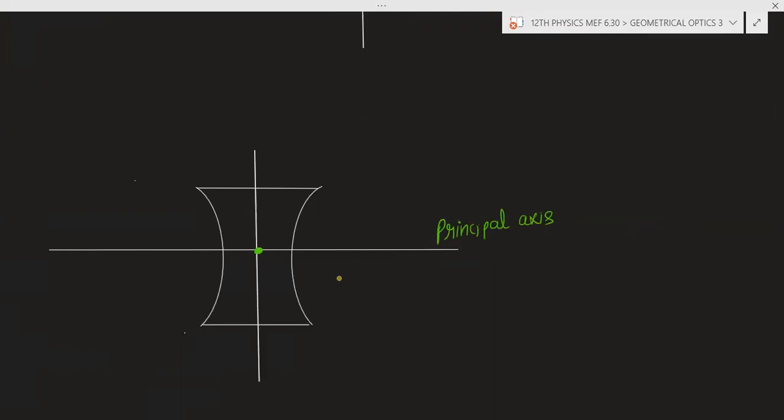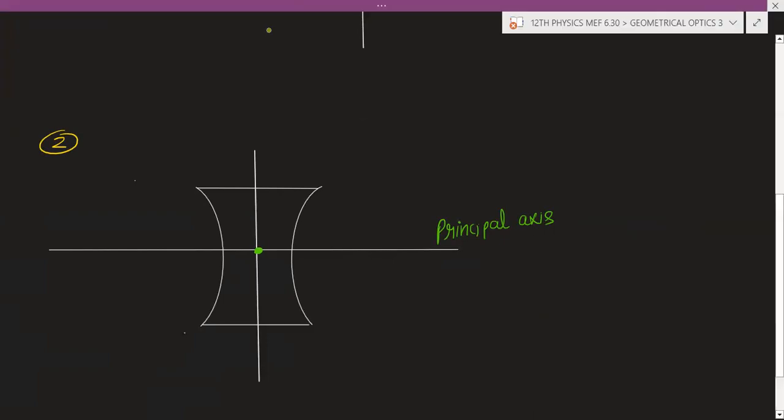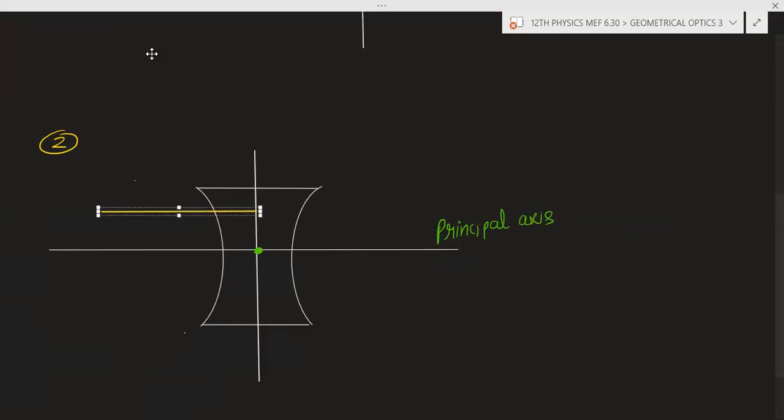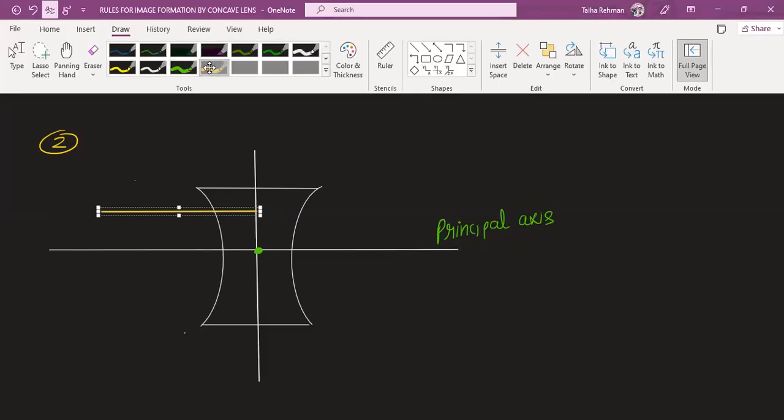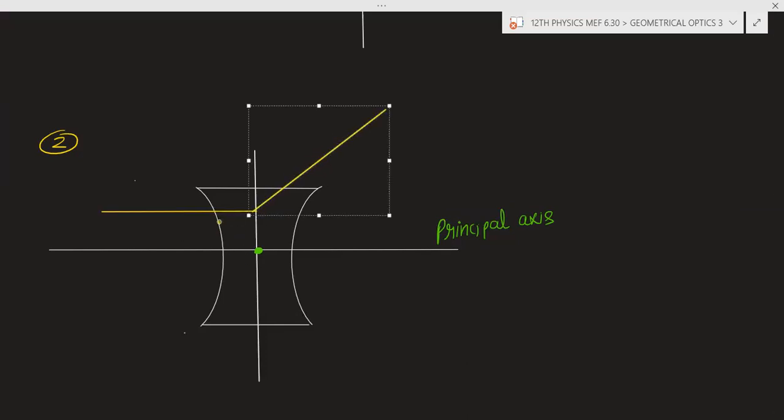Another rule, if a ray of light is parallel to the principal axis of the concave lens, then after refraction it will get diverged, diverged like this, because this is a diverging lens.